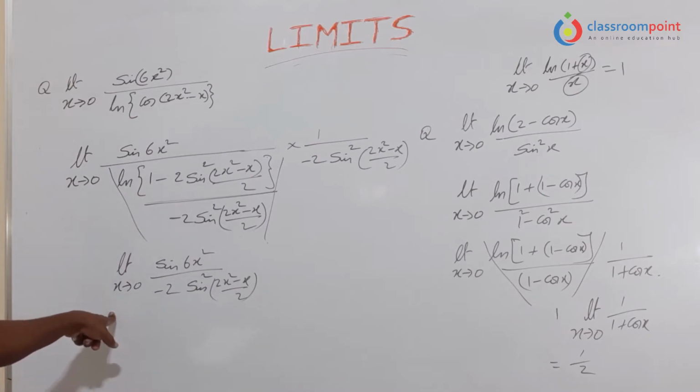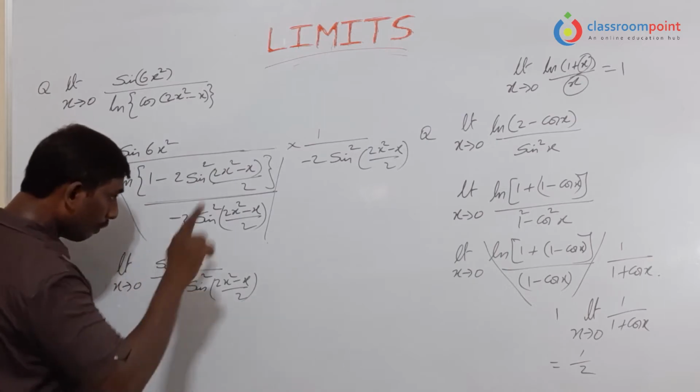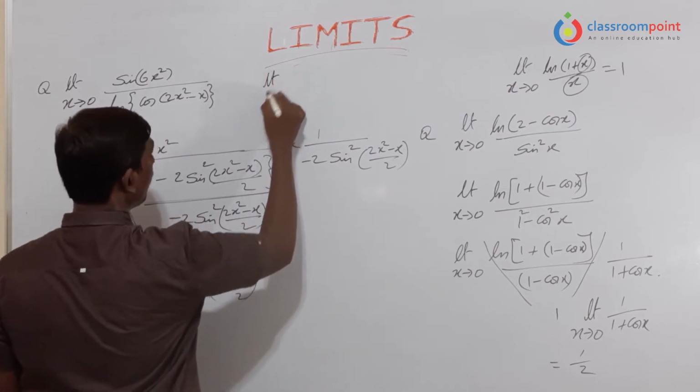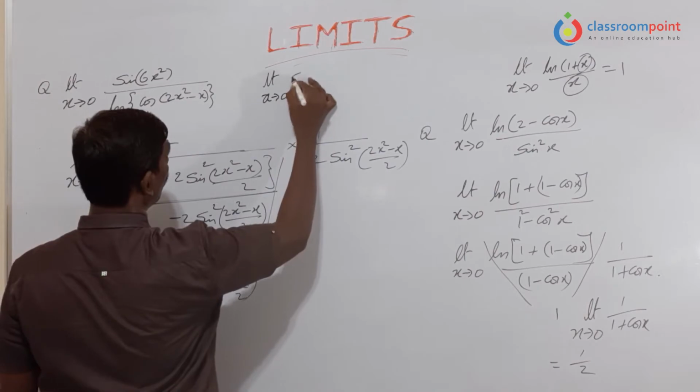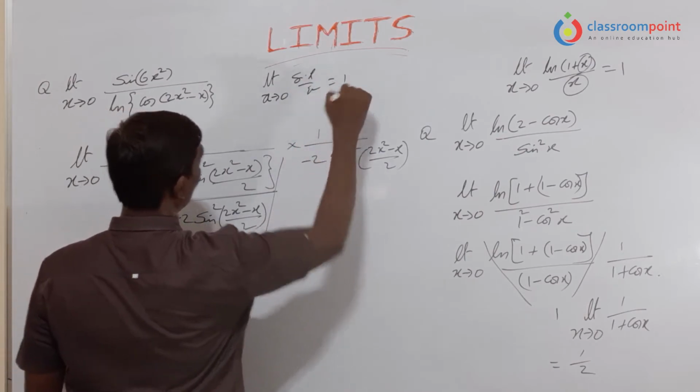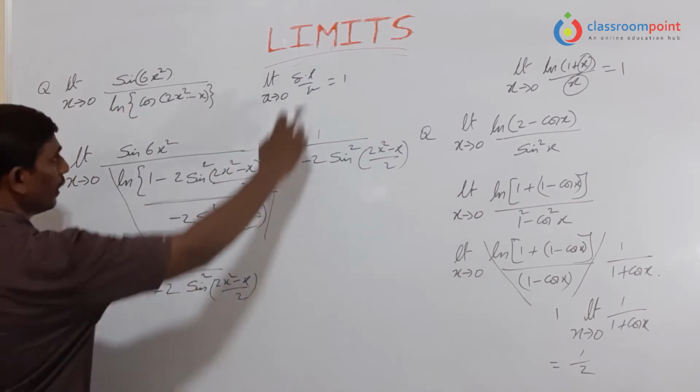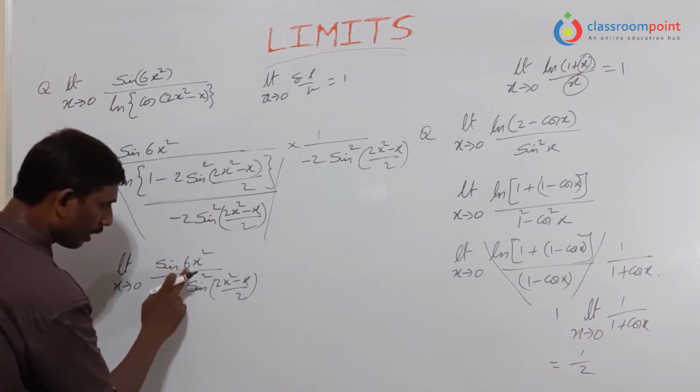Then what next here? We'll do one thing. By using limit x tends to 0, sin x by x is equal to 1. So in the place of x we have 6x square.